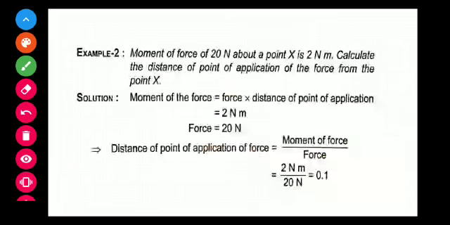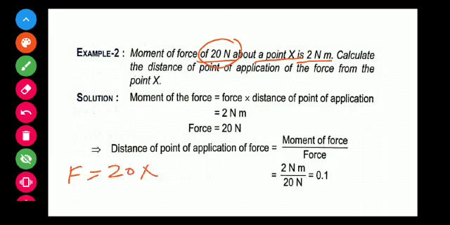Your next numerical is: moment of force of 20 Newton about a point X is 2 Newton meter. Newton is the unit of force, therefore force is equal to 20 Newton. This is your given quantity.